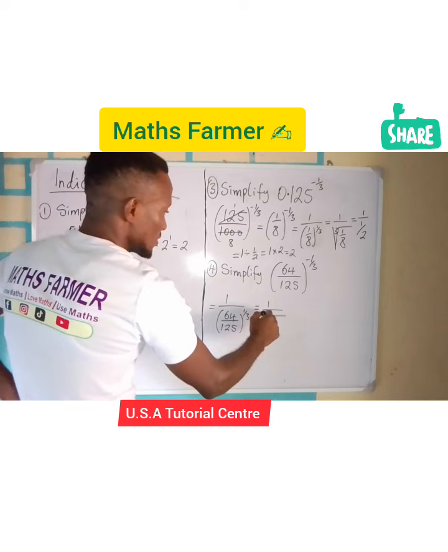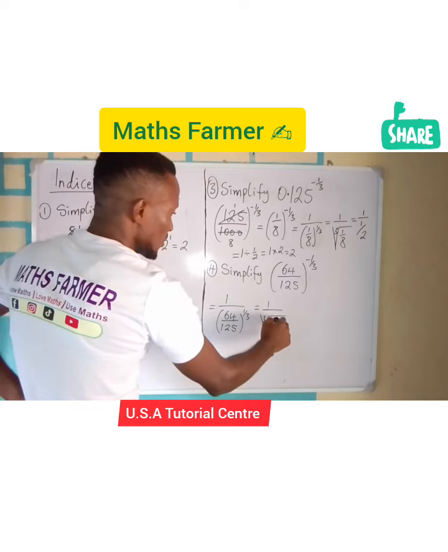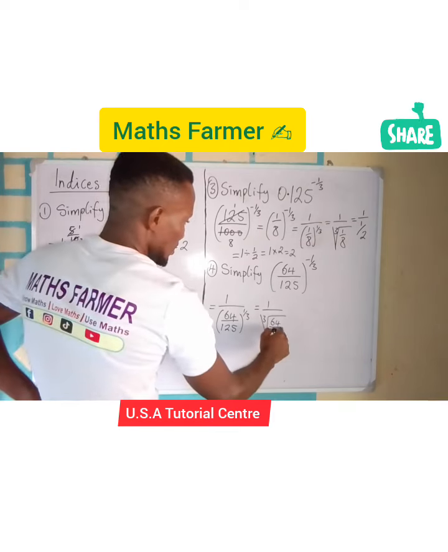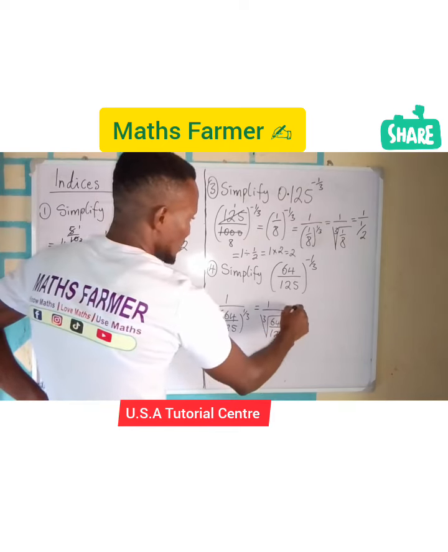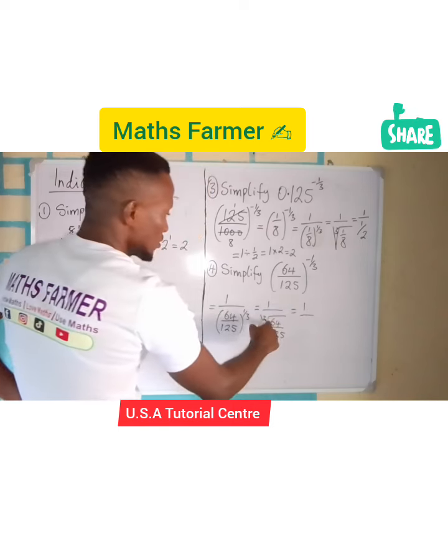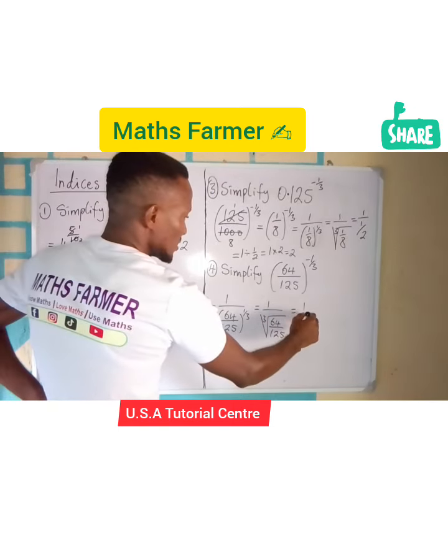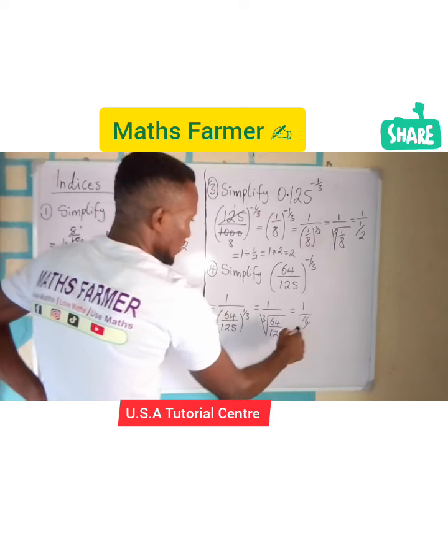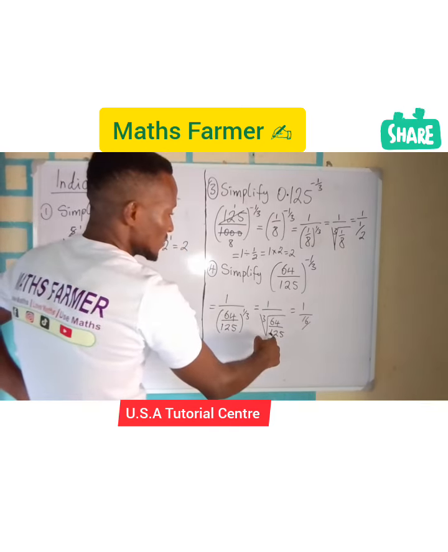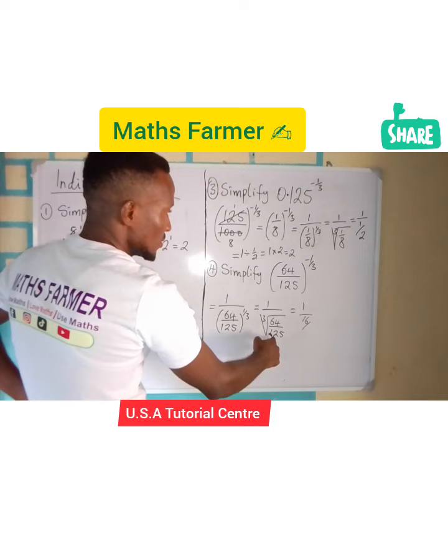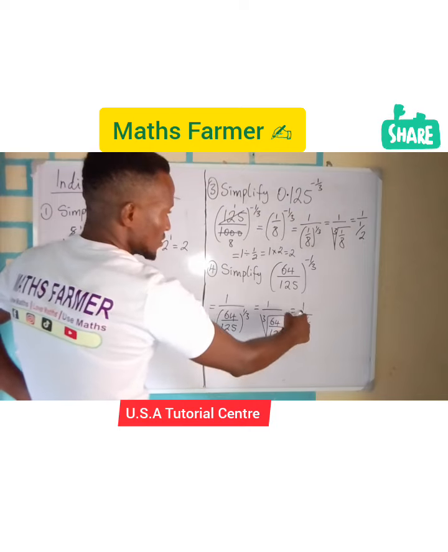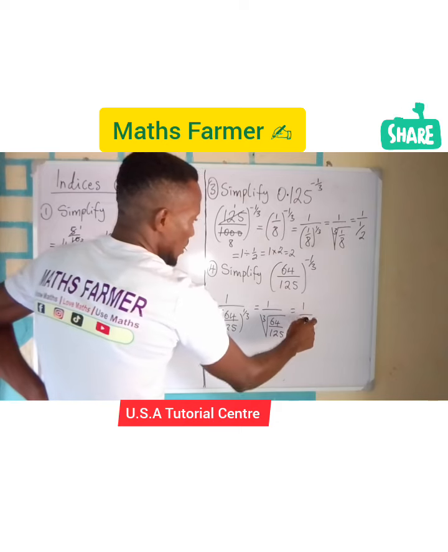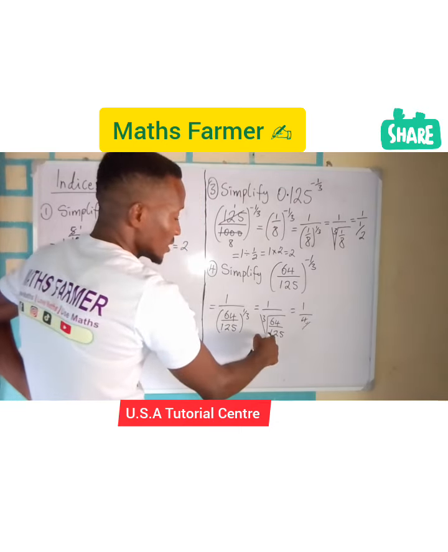What we are going to have is the cube root of 64 over 125, equals 1 over the cube root of 64 over the cube root of 125.